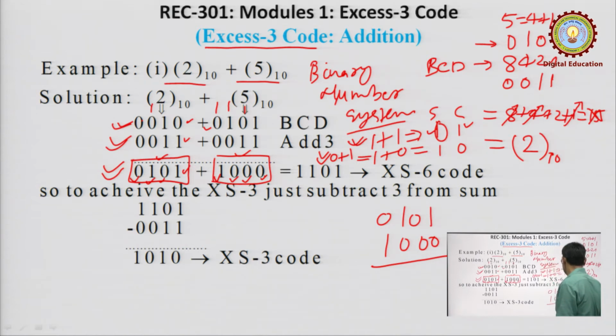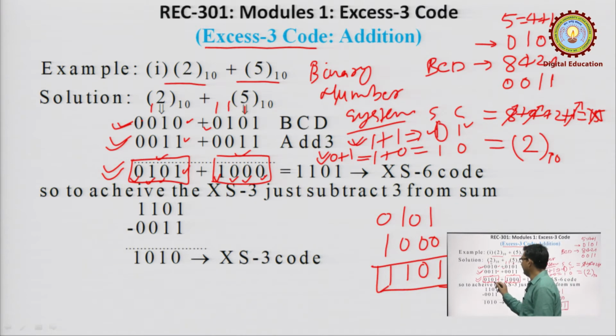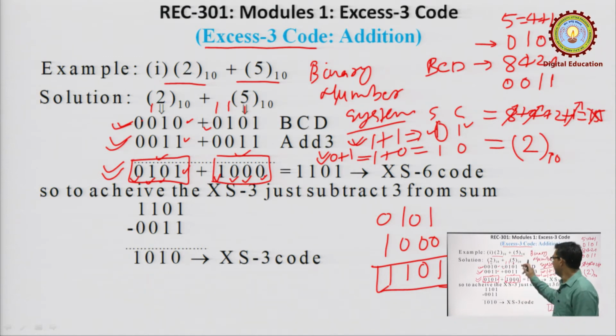So, 1 plus 0 is equal to 1, 0 plus 0 is equal to 0, 1 plus 0 is equal to 1 and 0 plus 1 is equal to 1. So, this is the code we get after adding the XS3 code of 2 and 5, but this is not the final answer.